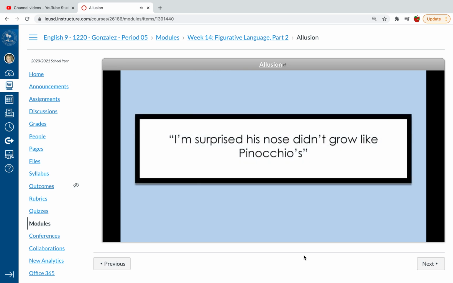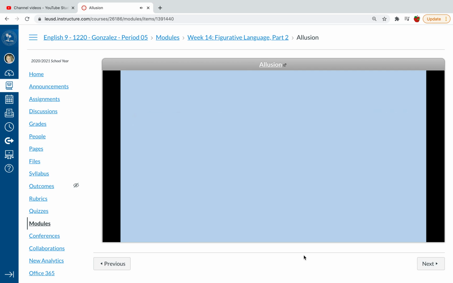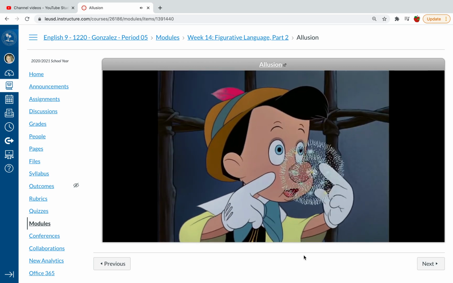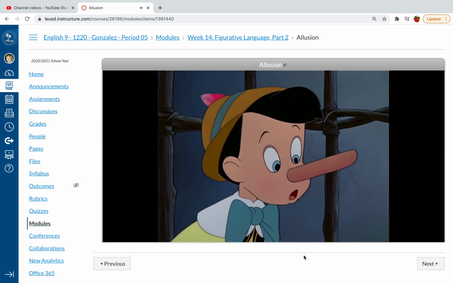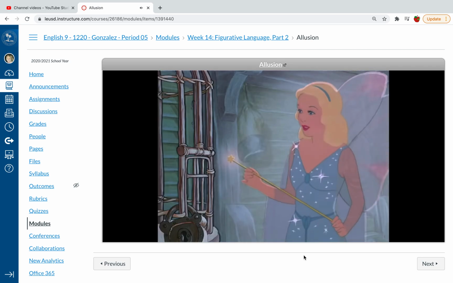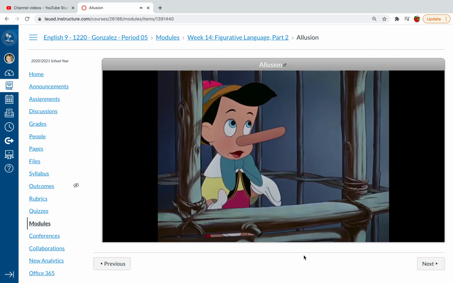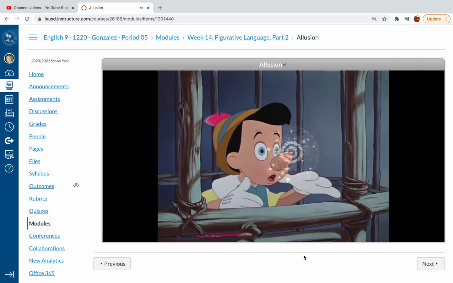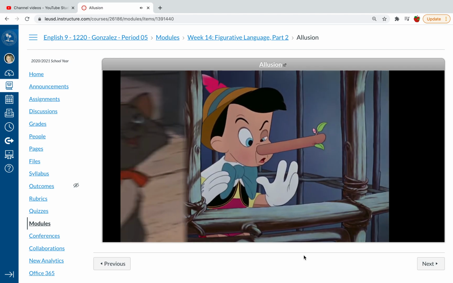So for example, if someone were to say, "I'm surprised his nose didn't grow like Pinocchio's," you understand what the speaker really means if you are familiar with the story of Pinocchio. His nose only grows when he lies, and so the subject of the sentence must also be lying. Our understanding is enhanced by the allusion.